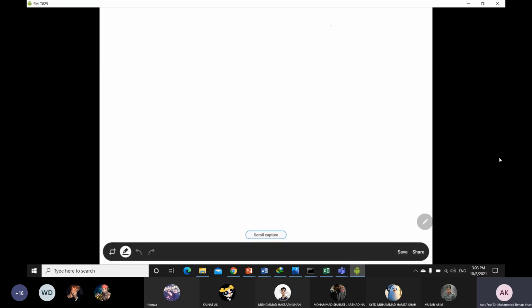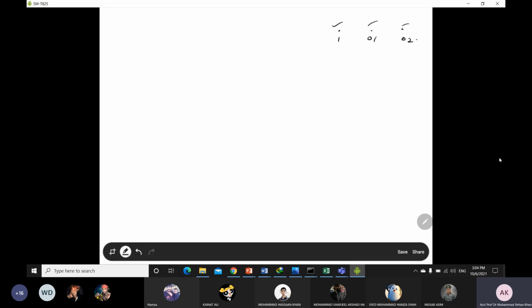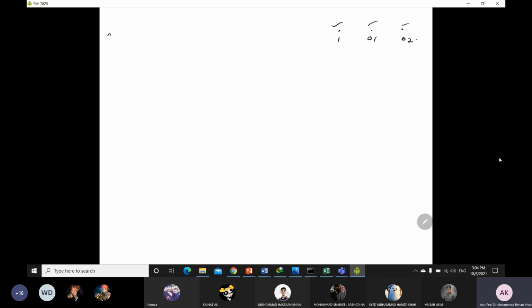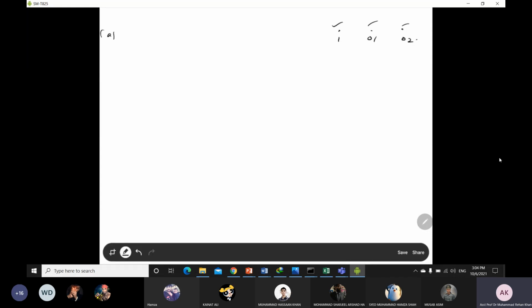For reference, I can say this is point 1, this is point 0.01, and this is point 0.02. So this is your diffuser inlet, this is diffuser outlet, and this is compressor outlet.